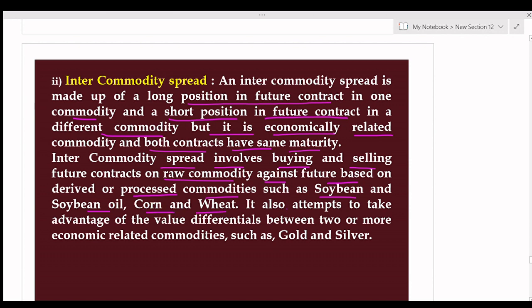It also attempts to take advantage of the value differentials between two or more economically related commodities such as gold and silver. These are related commodities and the maturity dates are the same.